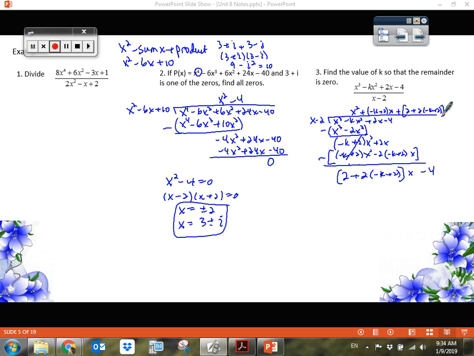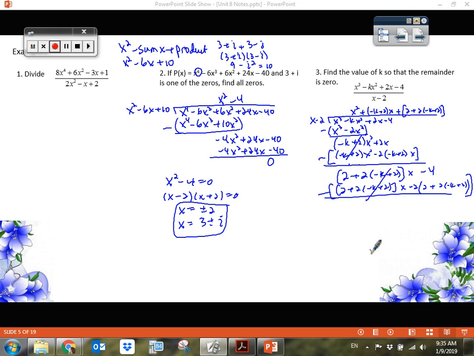We multiply that times x, and we get 2 plus 2 times minus k plus 2 x. Then I multiply this times the negative 2. Negative 2 times that mess, 2 plus 2 times negative k plus 2. Minus.